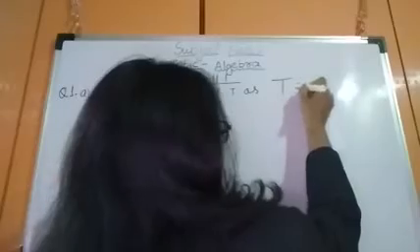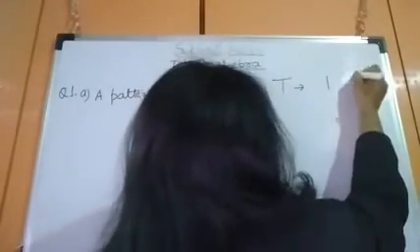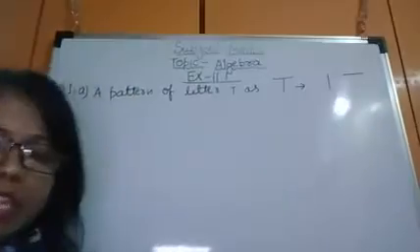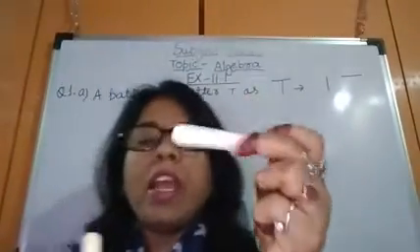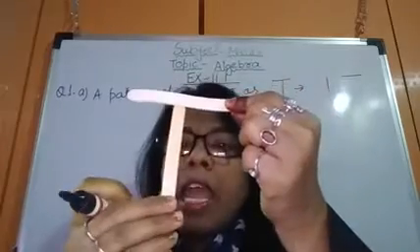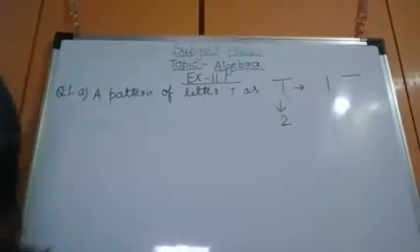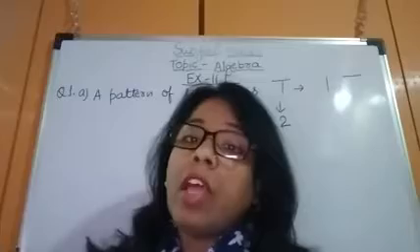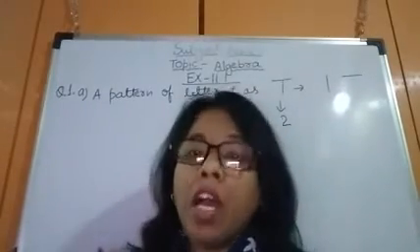Two sticks are there. You can see here one stick and second one this. Two matchsticks are there. I can show you with the help of this ice cream stick. So this 1 and 2. This is making T. So two sticks are needed to make a letter T, and now you have to use the variable and make a rule.